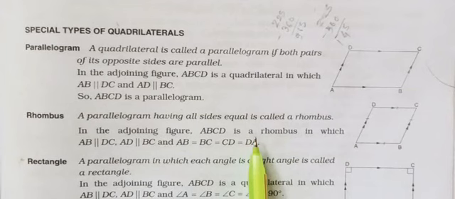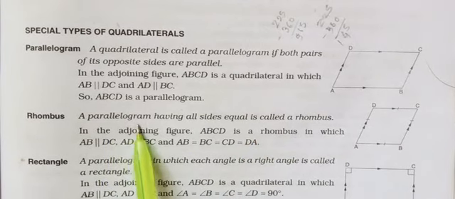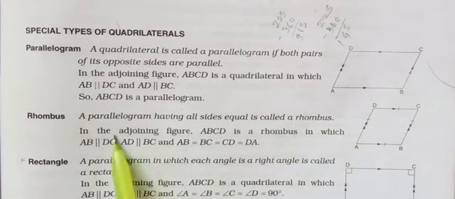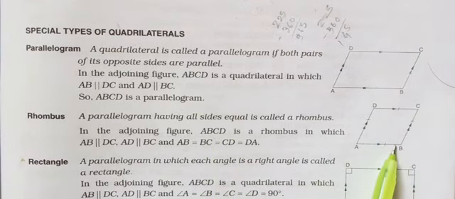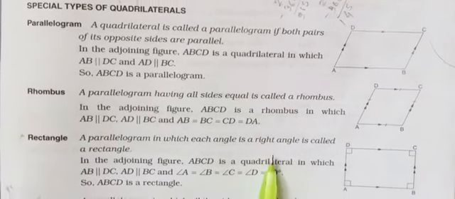Next, come to the geometrical figure rhombus. This is a rhombus. A parallelogram having all sides equal is called a rhombus. This is a parallelogram and all its sides are equal, so it is a rhombus. Next, rectangle.